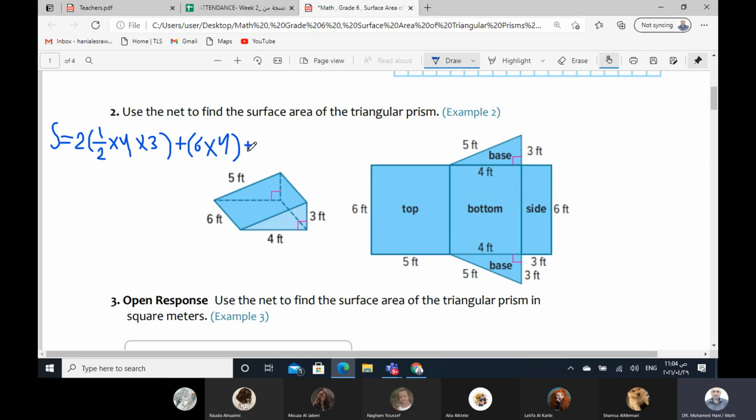Plus we have here the side, also a rectangle, 6 times 3. Plus here we have the top, 6 times 5.